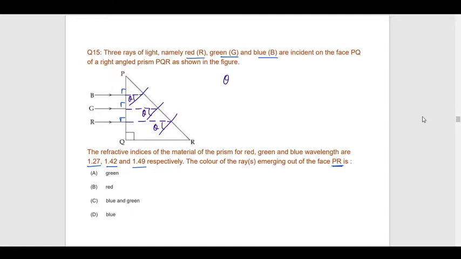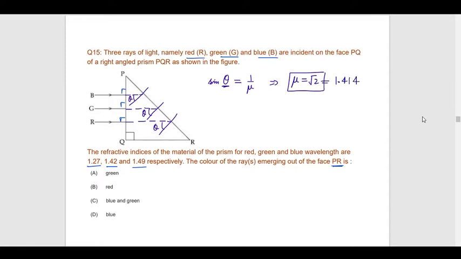So first of all, let's understand what should be the value of refractive index for that light ray for which the critical angle is 45 degrees, right? You can understand, if you solve this equation by putting theta equal to 45 degrees, you will get the value of mu as under root 2, okay? The value of root 2 is also 1.414.